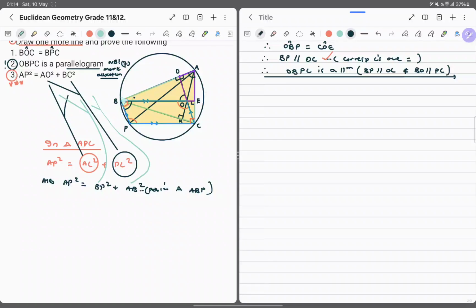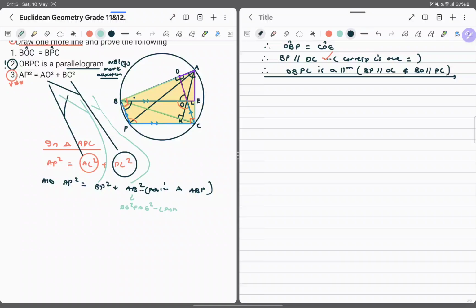You know? And then when we describe AB, if we try to describe AB in terms of triangle ABE, AB squared is going to be basically BE squared plus AE squared, right? Right.